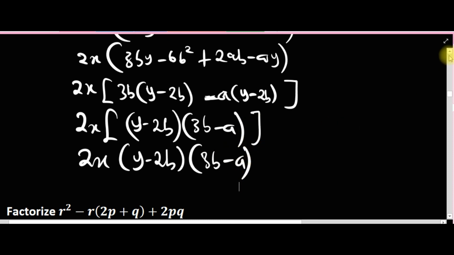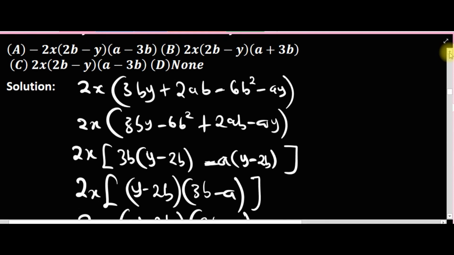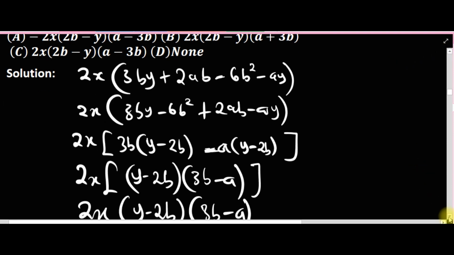So we'll check which of the options. 2x, y minus 2b. Okay, none of the options is there, but please don't rush to choose D. The answer is C.